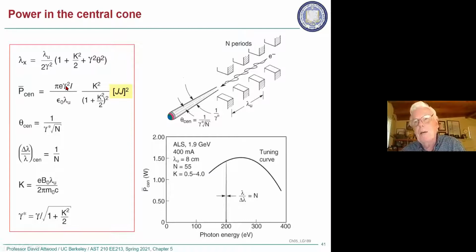Well, the ALS upgrade is going to go from the present 1.9 GeV, where gamma is a little less than 4,000, to 2 GeV. So from 1.9 to 2, the gamma will increase, and it's squared.